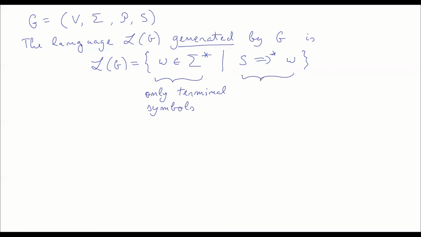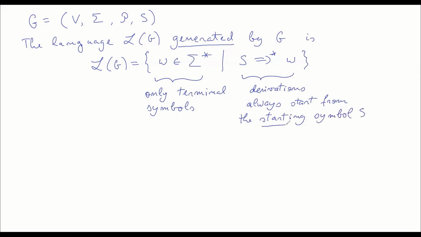And the second part of this definition says that derivations, or productions of these outputs, always start from the so-called starting symbol S. So there you go. The idea that this would be called a starting symbol is because you always start these derivations of your words in the language from S. So that's why this is called a starting symbol.